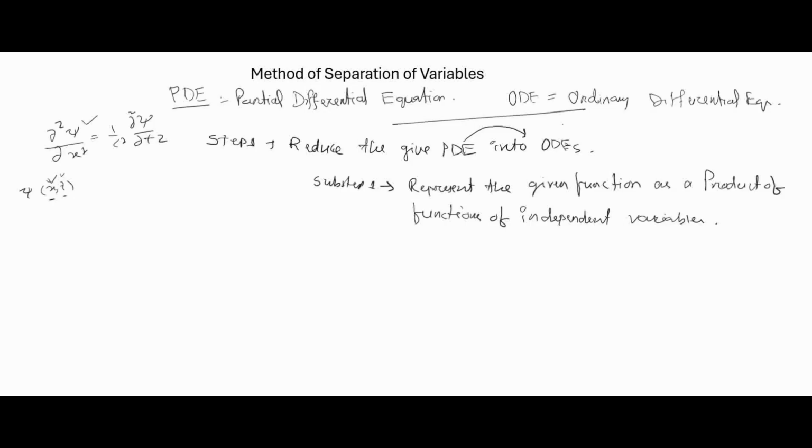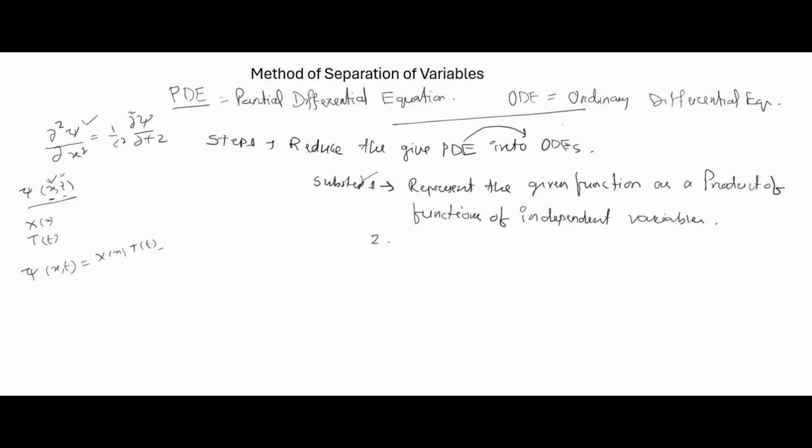In the form of two functions of x and t separately, where X we will take as a function of x and T as a function of t. In this way we can represent psi(x,t) as X(x)T(t). This is what is written in step 1: we have to represent a given function as a product of functions of independent variables.